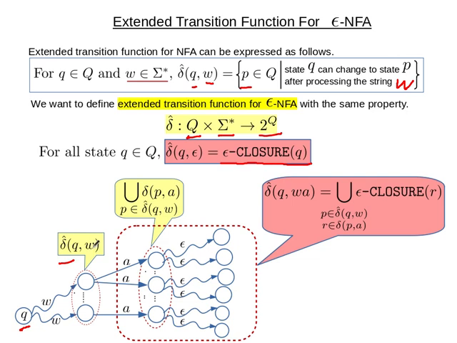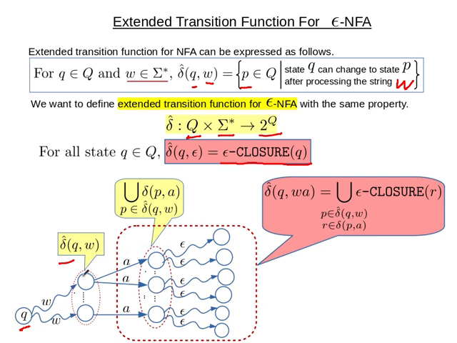Now how can we find the states which we can reach by processing WA? We have already processed W. Then we can say read some A, right? And then we will move to some state.